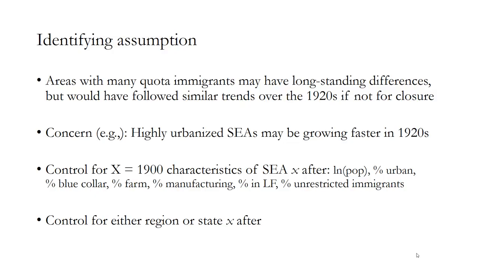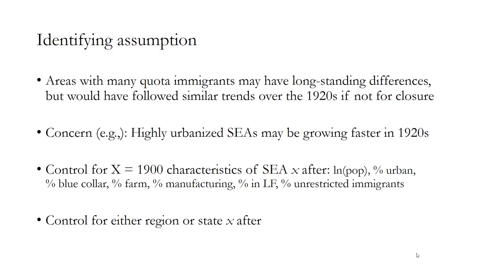But our identifying assumption is that these locations would have followed similar trends over the 1920s if not for the border closure. Now think about that when our outcome is population flows. What we're saying is that New York would be growing at the same rate as rural South, and that seems implausible if the only thing that's changing over the 1920s is the border closure.